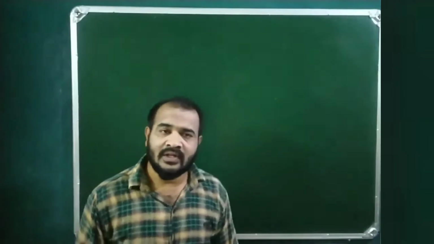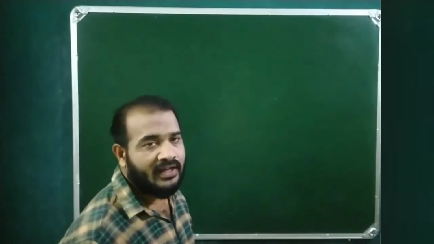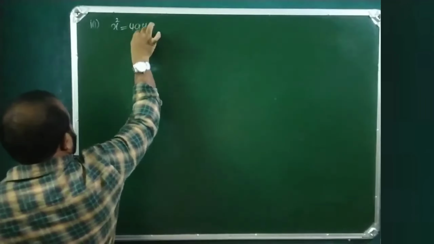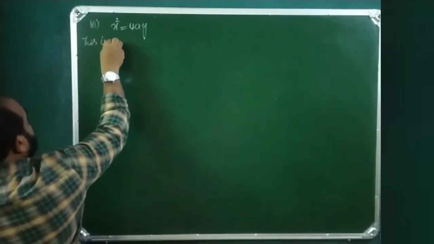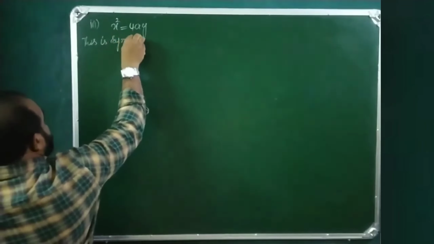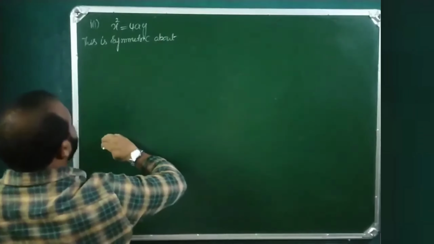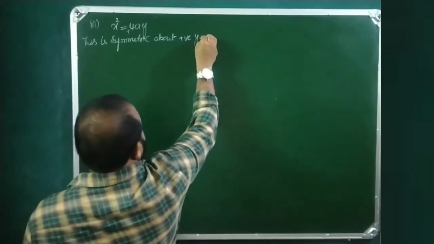Now let us see the behavior of the x square equals 4ay parabola. So the third one is x square equals 4ay. This is symmetric about the y-axis, since x has an even power. Which y-axis? Positive y-axis.